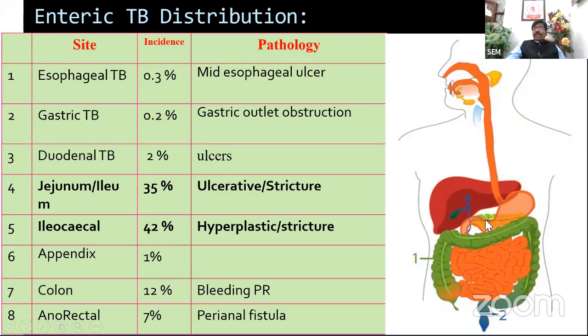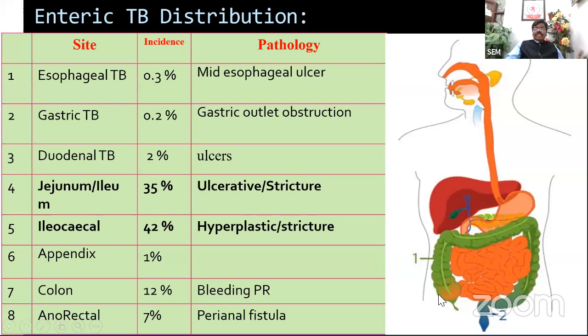Second, in the stomach they develop various ulcers, especially in the antrum region, a rare cause of gastric outlet obstruction, or a duodenal ulcer. But by far the commonest site of tuberculosis affecting the GI tract is the ileocecal region, and also the perianal region, like a fistula in ano. If you know that, well and good. As you can see, close to 80% is in this region.